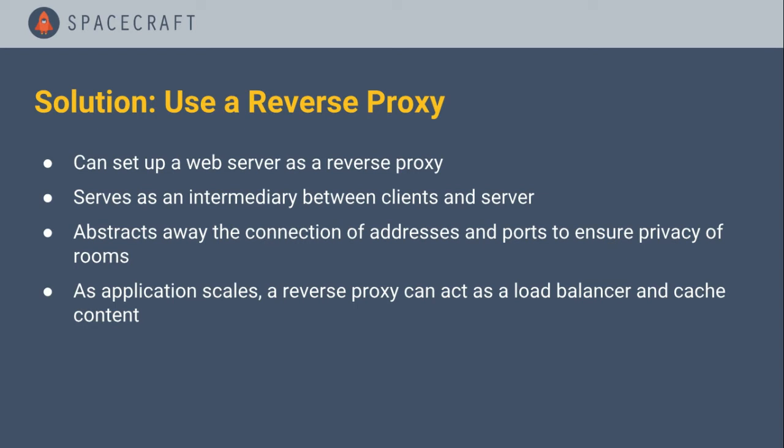So the web server acts as a reverse proxy, and basically, when the user makes a URL request, it goes through our reverse proxy, and that reverse proxy will determine which container we send the request to. A reverse proxy can also act as a load balancer, and also cache some important content. This way we can abstract away the URLs and all that to ensure privacy of the groups.